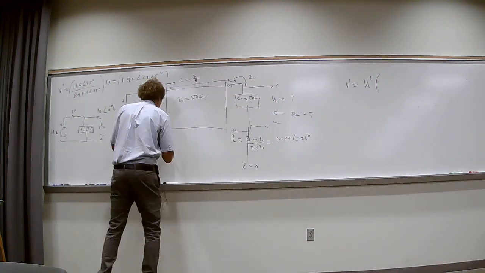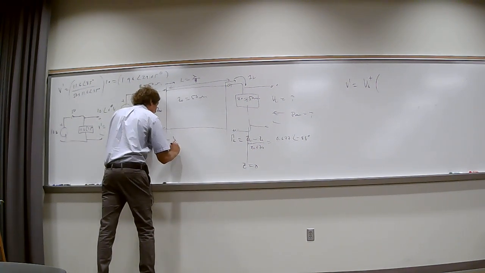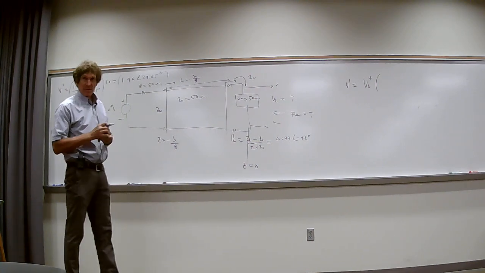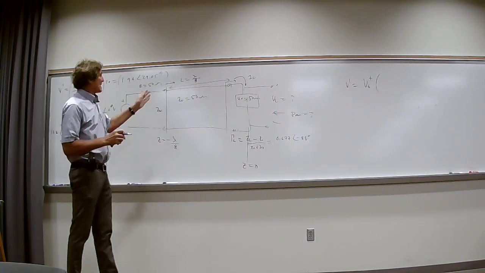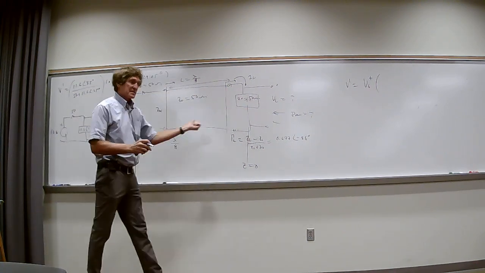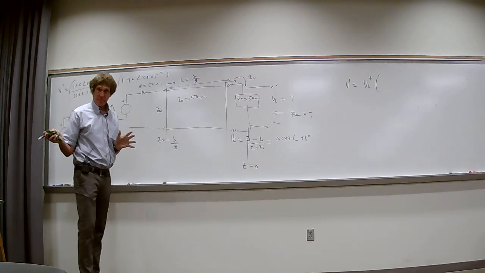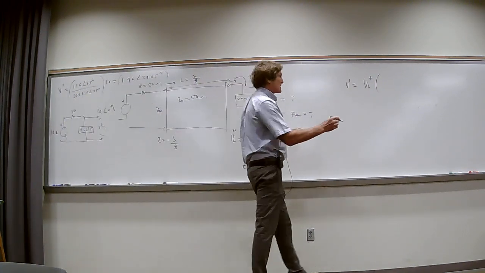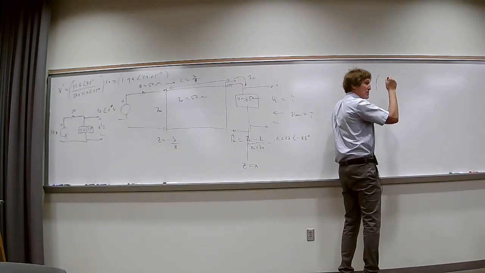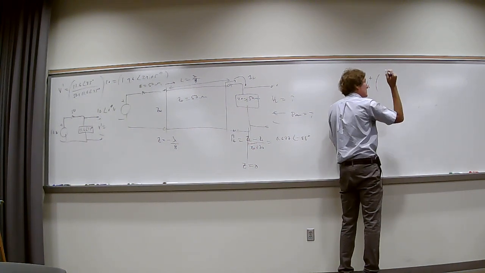So if that has that length, this is z equals minus lambda over 8. You all follow me on the reasoning? Remember that. The length is lambda over 8. We say z equals 0 there. That's positive z. This has to be z equals minus lambda over 8. You all follow the reason on this? So when I do this, normally it's e to the minus j beta z, but z is minus lambda over 8.